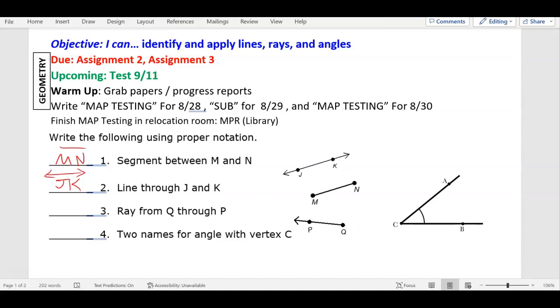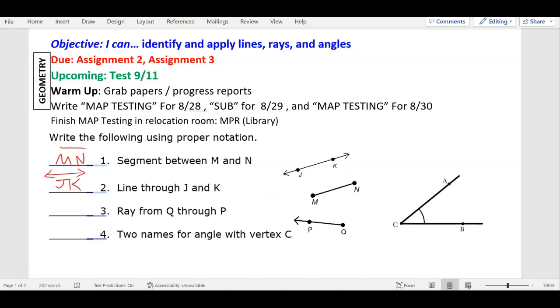Now then there's ray. We haven't really done ray, so I want to make sure you understand it. A ray has 1 arrowhead. It goes 1 direction. Notice how it starts from Q. So here's the starting point. The endpoint is Q, and it goes through point P. So whenever you're writing a ray, you have to start at the endpoint. The endpoint is Q, clearly.